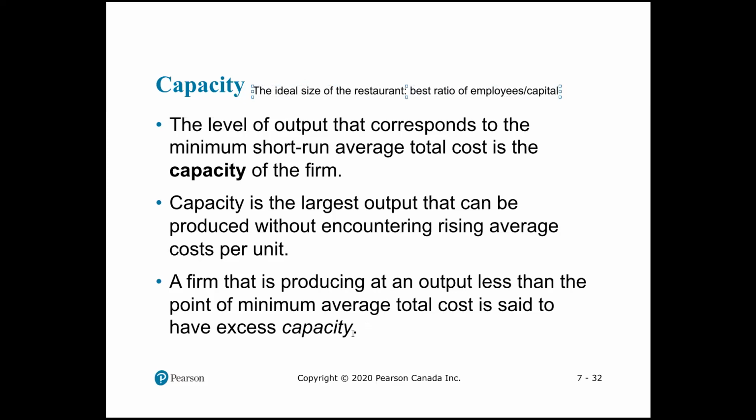If a firm is producing at an output less than the point of minimum average cost, it is said to have excess capacity. So the plant is too large for the production level of the firm.